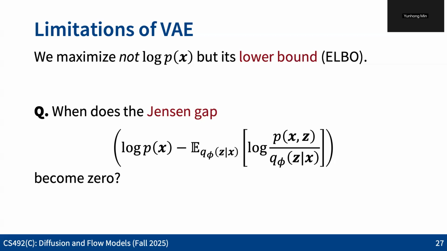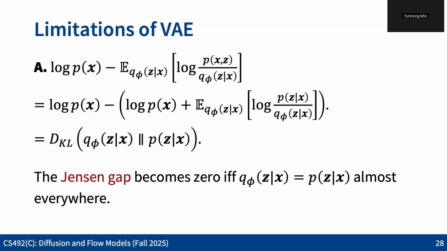Can you guess when these two would be the same? Yes, that's the right answer. But can you also derive when the gap between these two becomes zero? I recommend you try to derive all of this and see when exactly these two become the same.